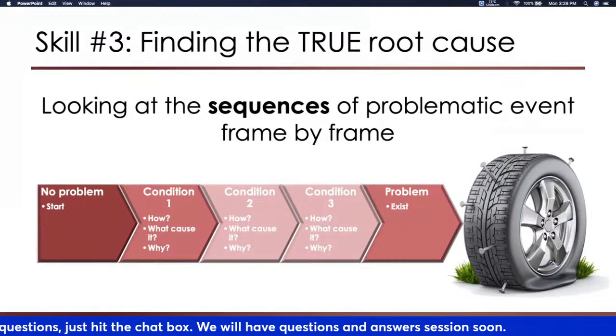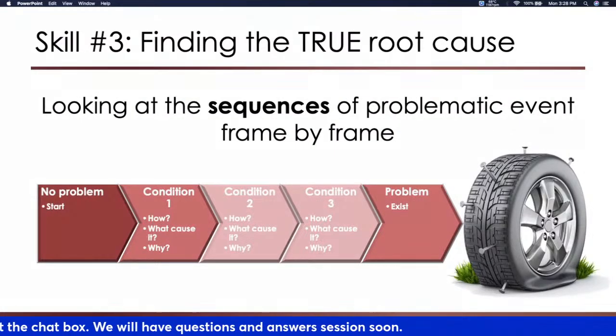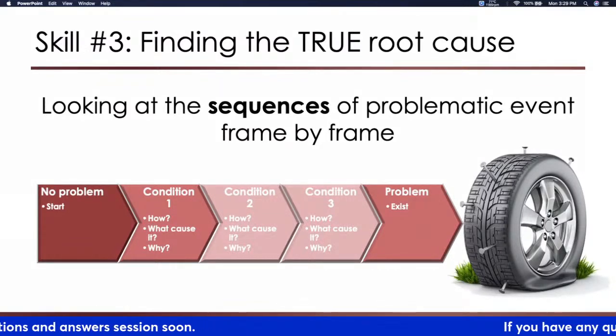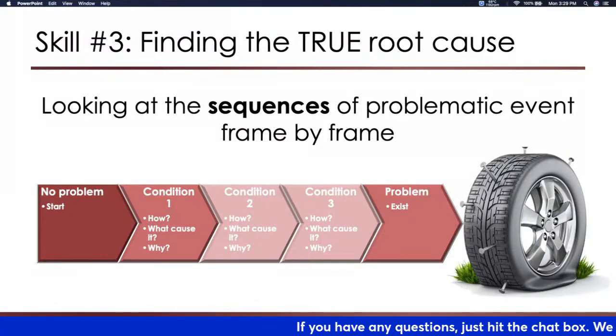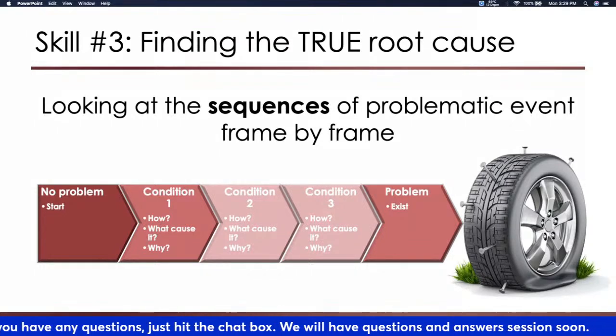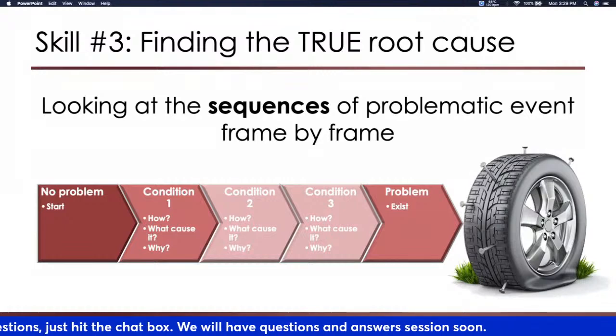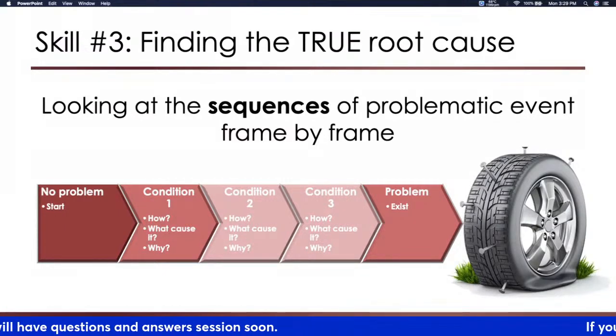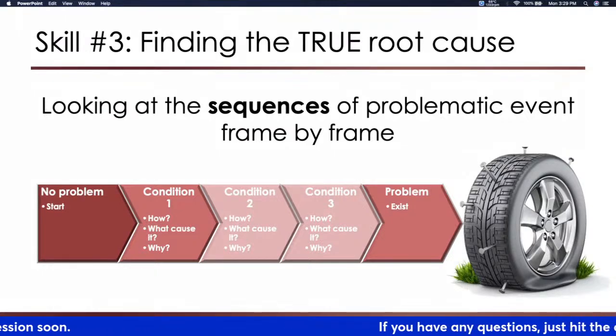So for example, a punctured tire. Your tire got punctured. Before your tire got punctured, there was a sequence of events that leads towards the problem. Before that there was no issue. Your tire was running properly, with no puncture.